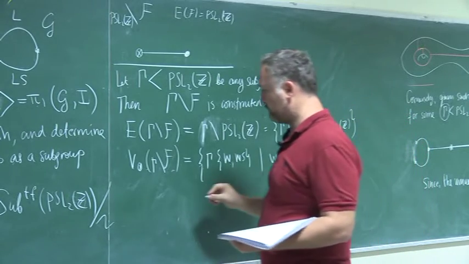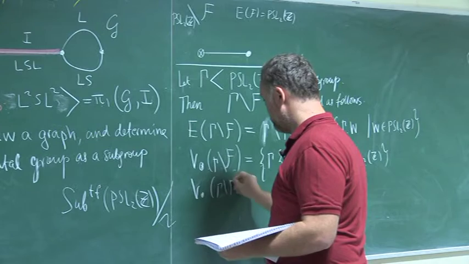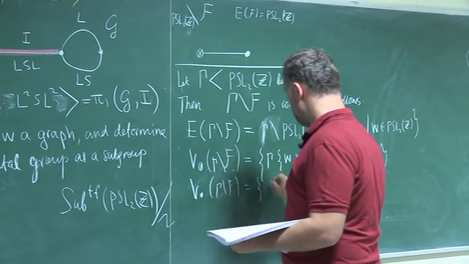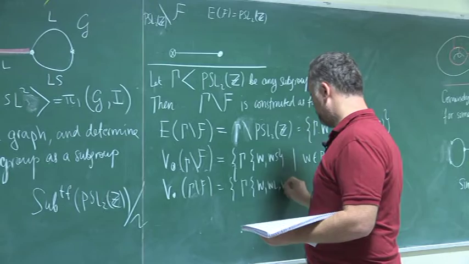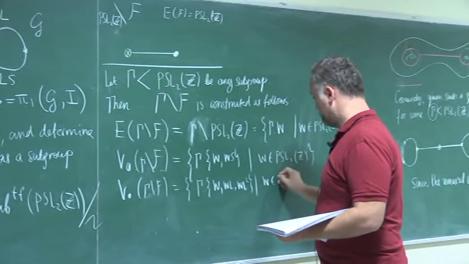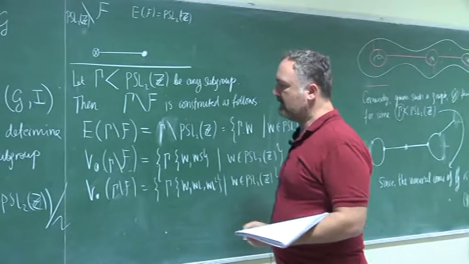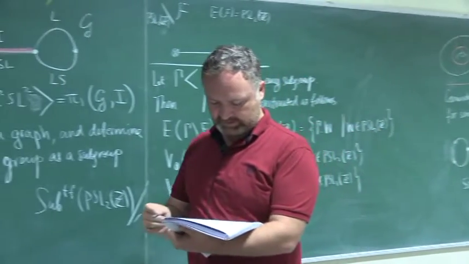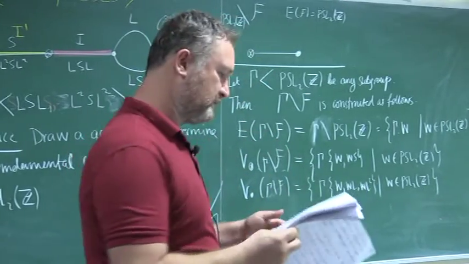Similarly, same for the vertices of degree 3. This is gamma times W, W L, W squared, where W is in PSL2Z. And incidence, I have to define the incidence as well. This is a little bit more involved. I'm just going to write it down.